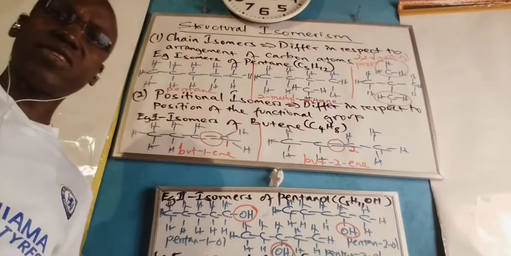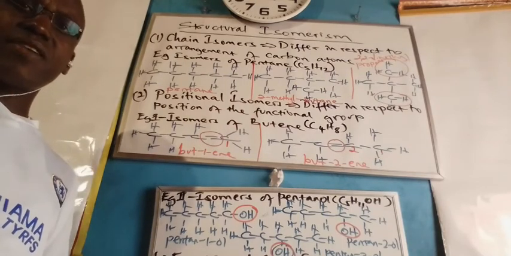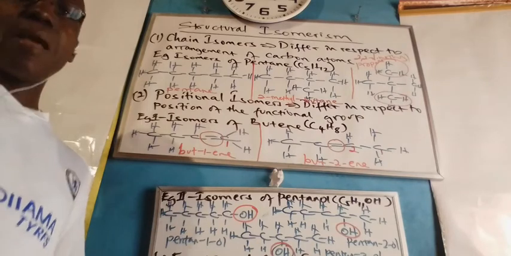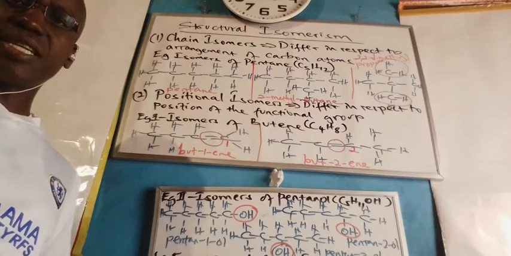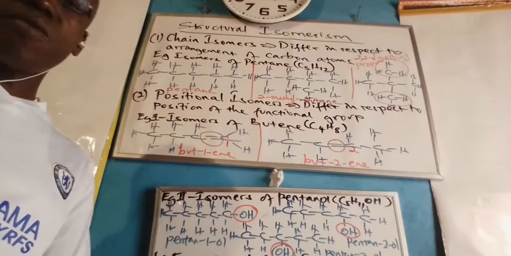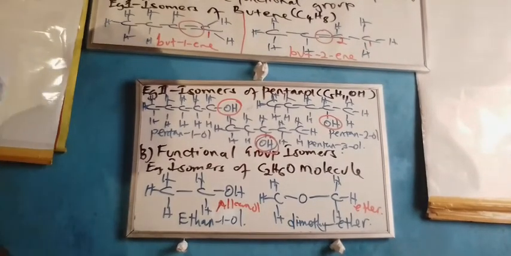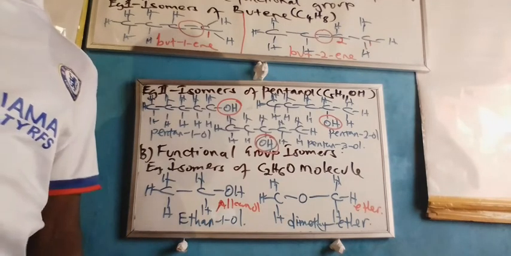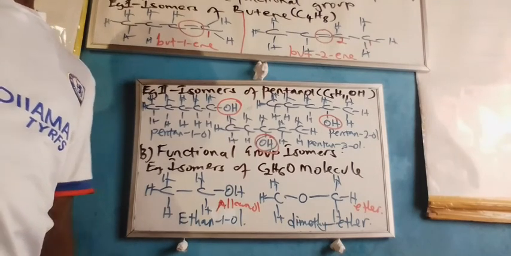The second form of structural isomers, we have said, are the positional isomers, which in this case differ in respect to position of the functional group, be it a double bond, a triple bond, or an OH, which represents alkyl. And the third form of structural isomerism, we have said, is the functional group isomerism, which differs in respect to the family formed by the arrangement of atoms. Next, we are going to look at the second form of isomerism, which is stereoisomerism.